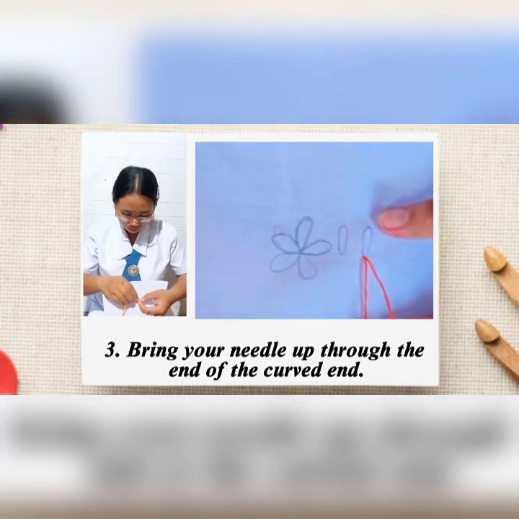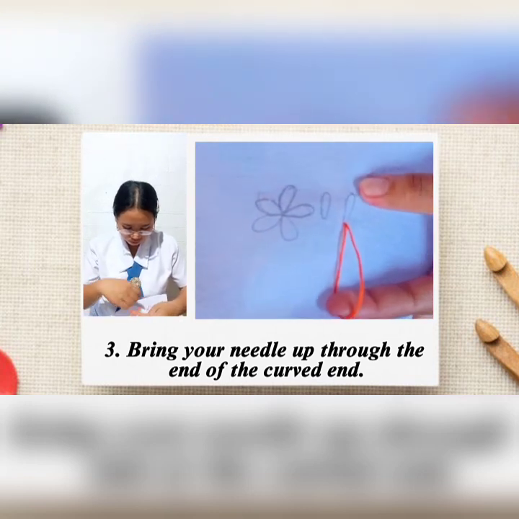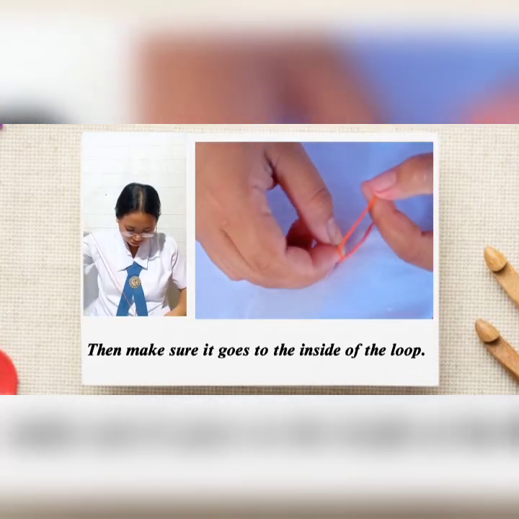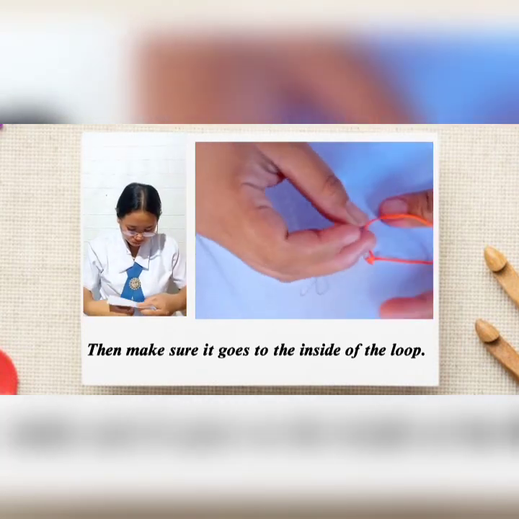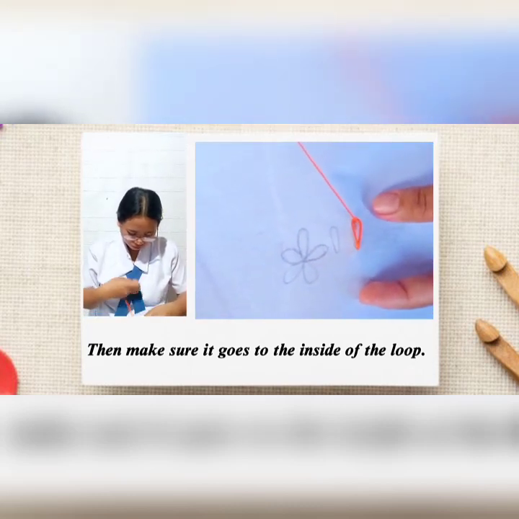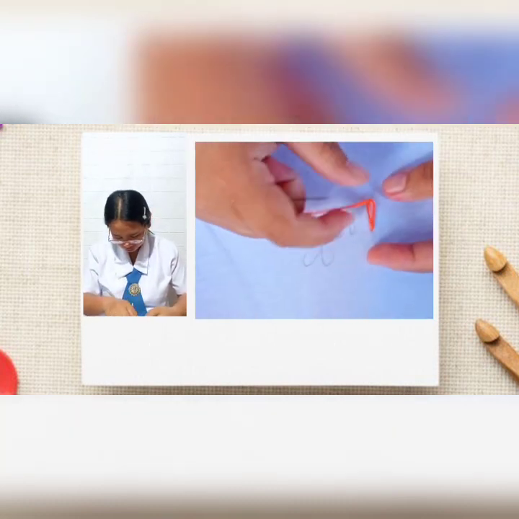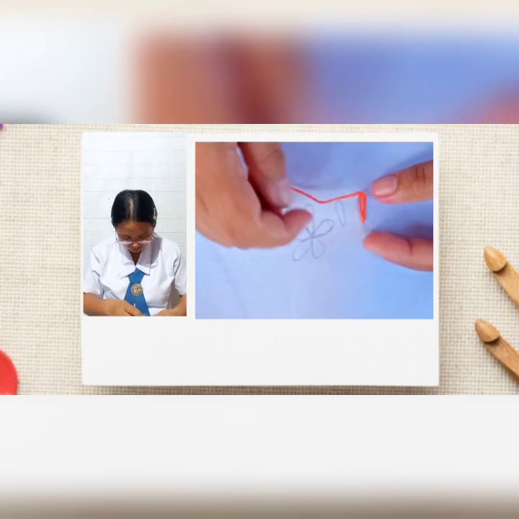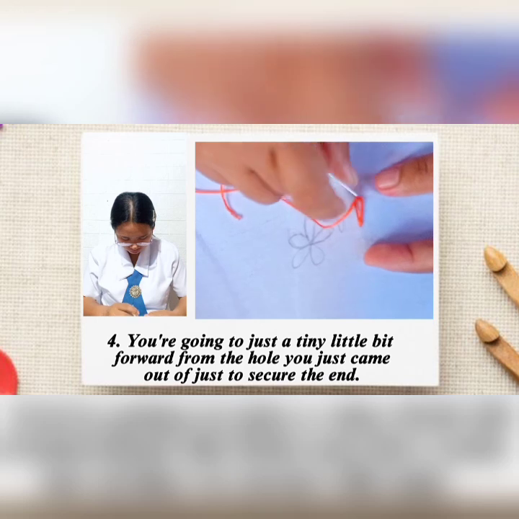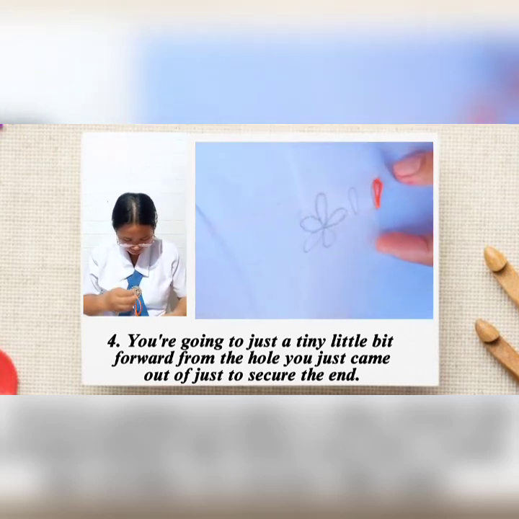Third, bring your needle up through the end of the curved end, then make sure it goes to the inside of the loop. Last, go just a tiny little bit forward from the hole you just came out of, just to secure the end.